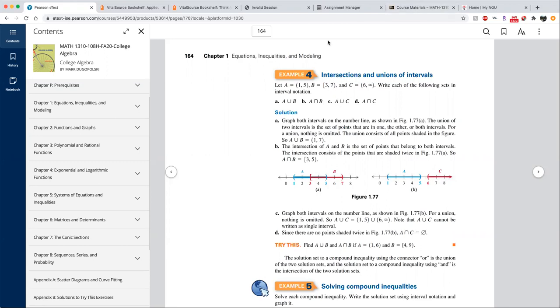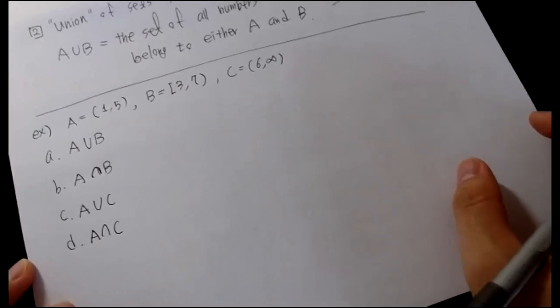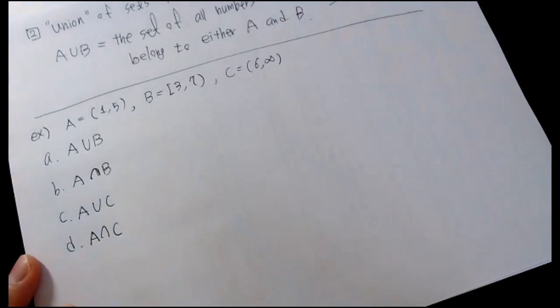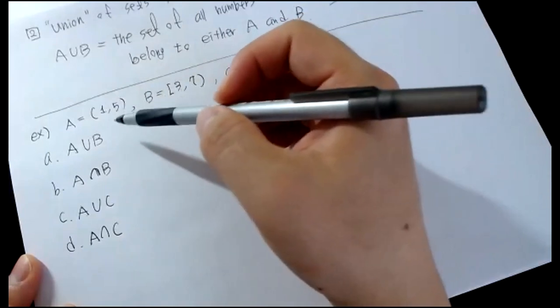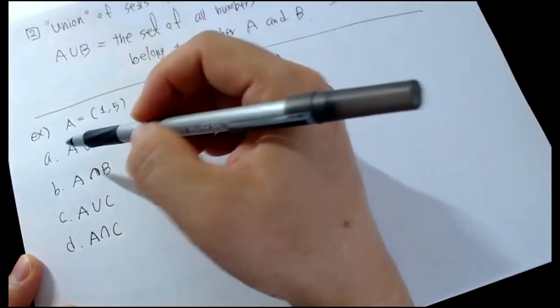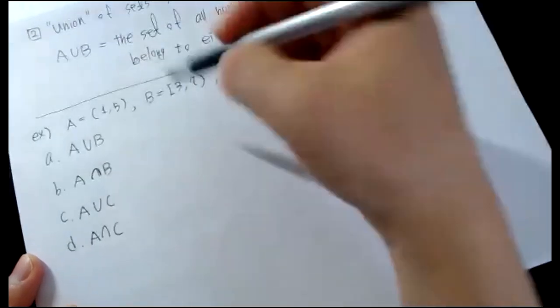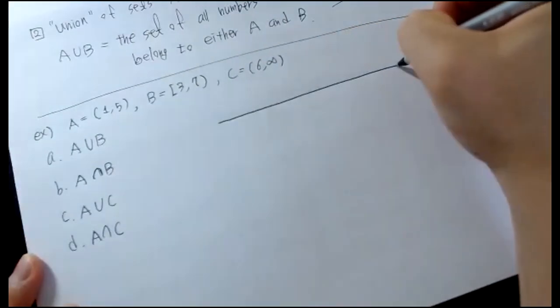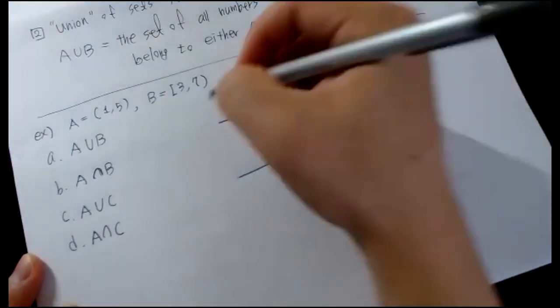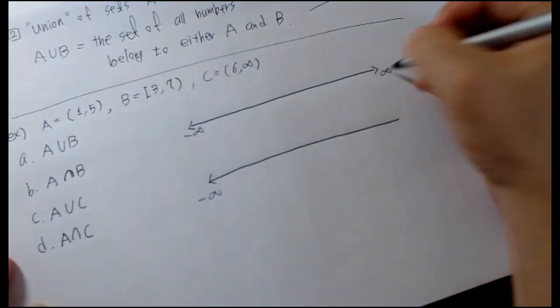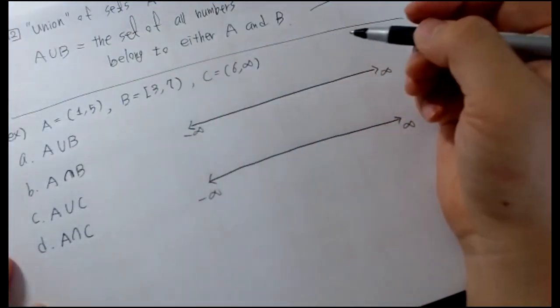Okay. So now, all right. First, let's plot A, B, and C. We need to figure out A union B, A intersect B, and then A union C, A intersect C. So let me draw two number lines. Okay, negative infinity and positive infinity. So 1, 5.